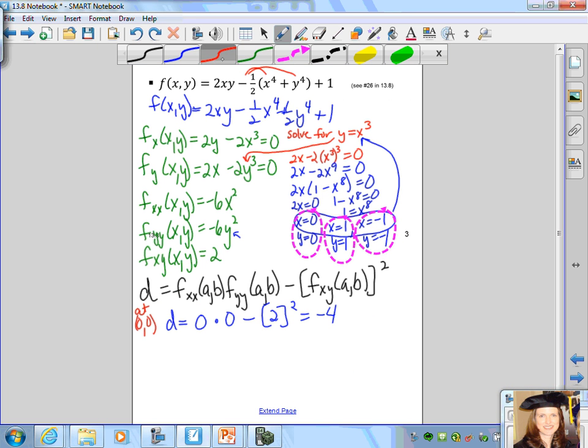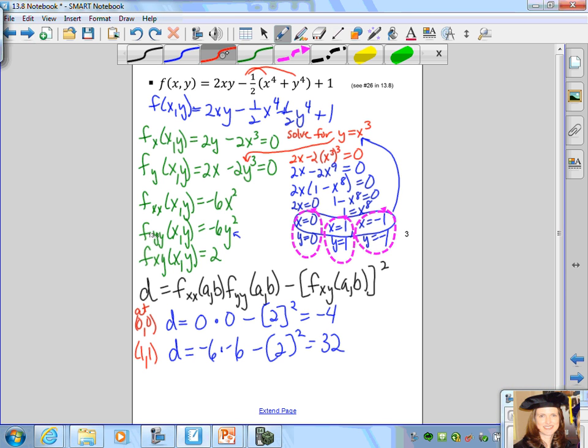At the next critical value, where x is 1 and y is 1, the value for D, plug 1 here for x into the second partial with respect to x, and that's negative 6. Plug in 1 for y times negative 6 minus 2 squared, and that is equal to 32.